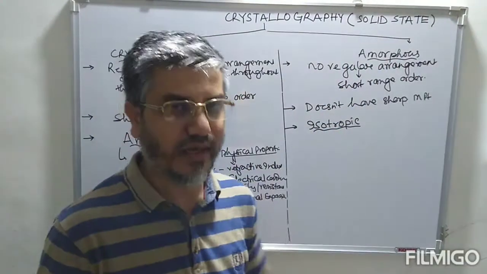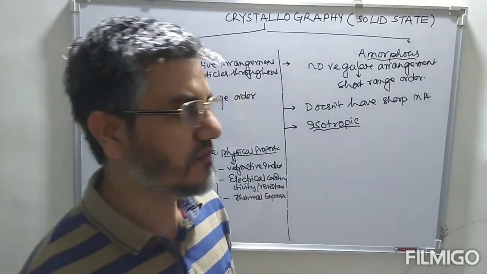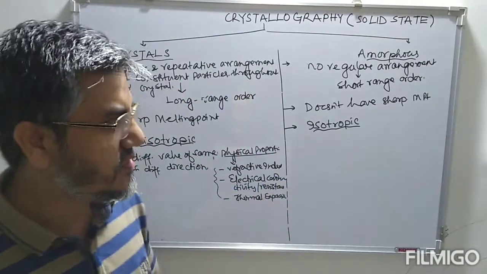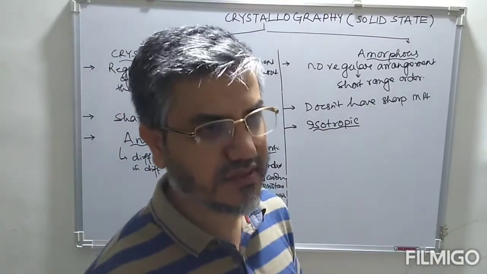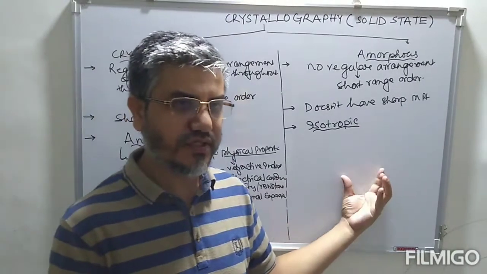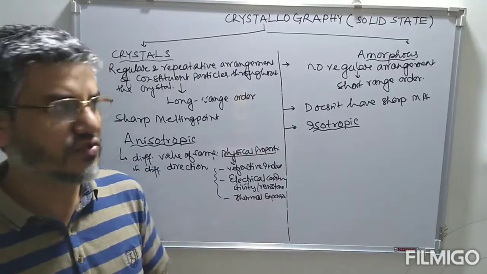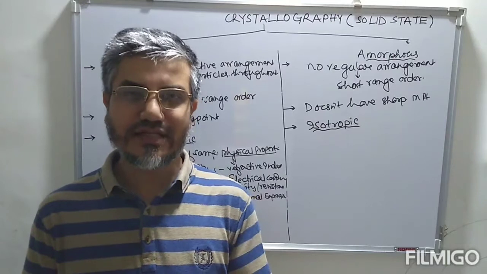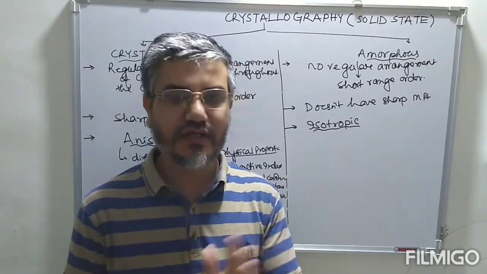Whereas in the case of an amorphous compound, there is no regularity, or the regularity is only up to a very limited extent. Since there is no regularity in the arrangement of the constituent particles in an amorphous solid, the same physical property shows the same values when observed in different directions. That property is known as isotropic. What we are observing is the average value of the same physical property in different directions.